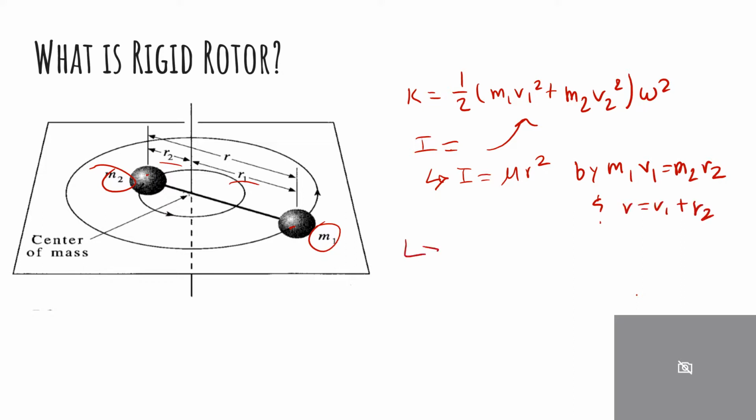It's also important to state that mu is equal to the mass of atom 1 times the mass of atom 2, divided by the mass of atom 1 plus atom 2.